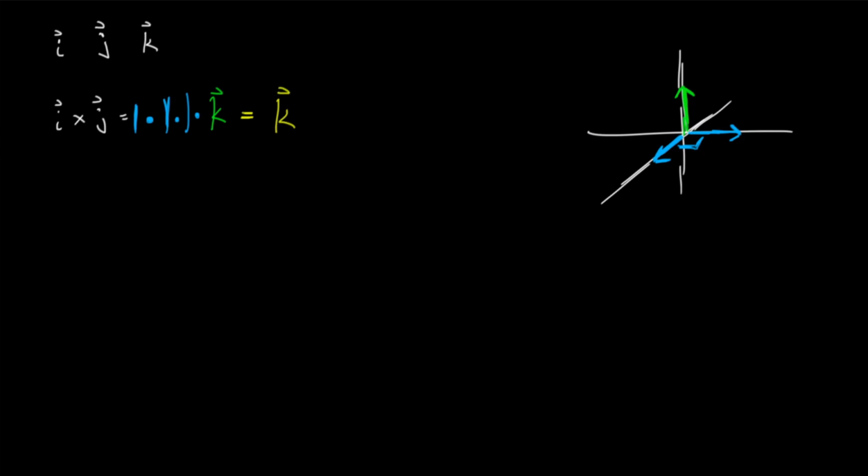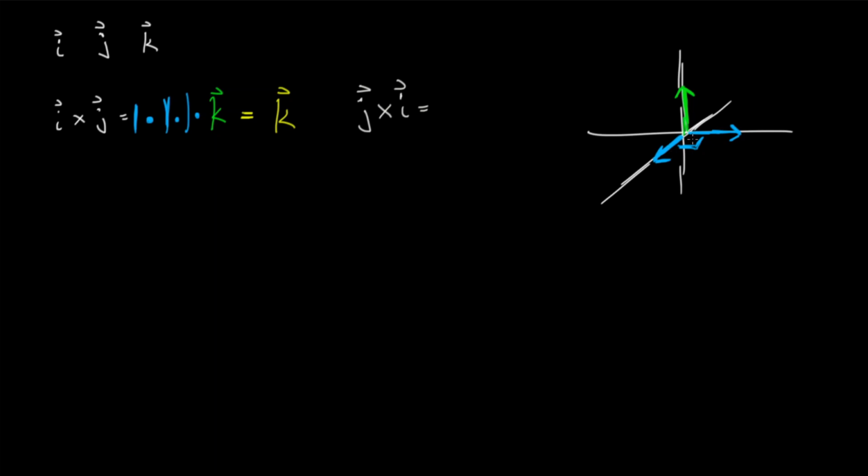All right? Let's look at what j cross i is. Well, j cross i, right? If you point your pointer finger in the direction of j, and you point your middle finger in the direction of i, instead of pointing up, we are going to be pointing down.